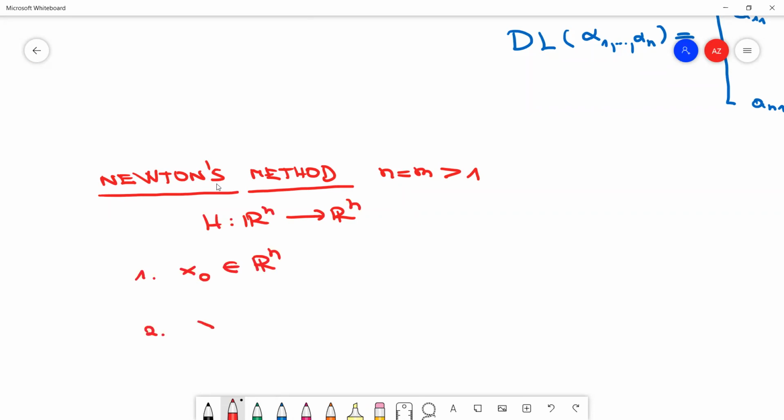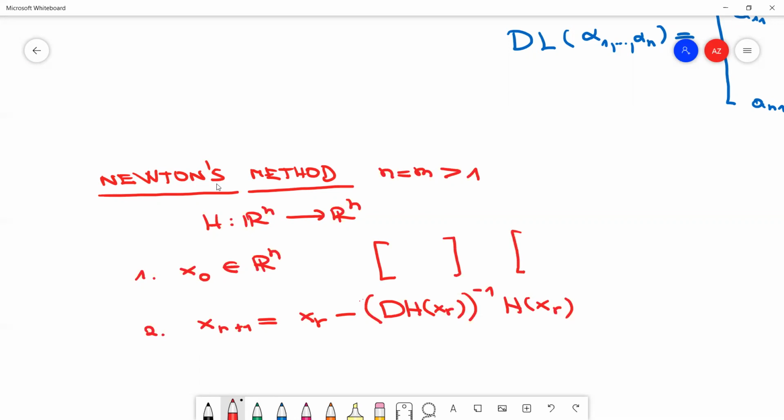And then calculate x r plus 1 is equal to x r minus, and here we have the derivative of h in x r. This Jacobian matrix must be calculated in every step, so it changes from step to step. And then we take the inverse and calculate with the value of x, x r. So this is a vector, this is a matrix, and this is a vector.